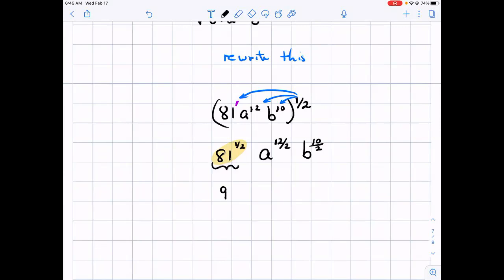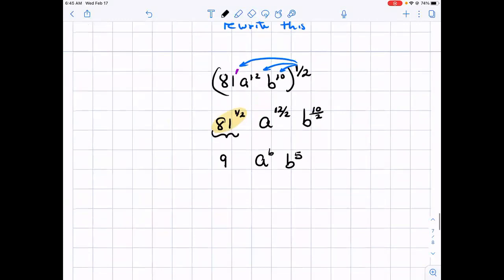And for a, 12 divided by 2 is 6, and for b, 10 divided by 2 is 5. So we have 9a to the 6th, b to the 5th. Here we have our final answer.